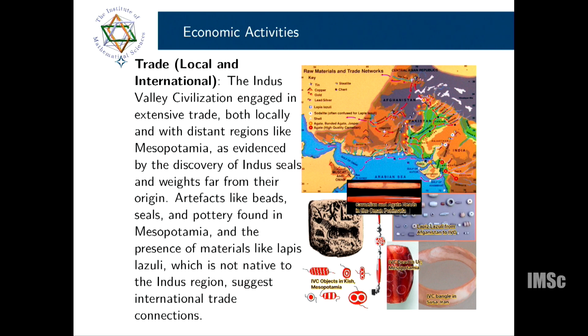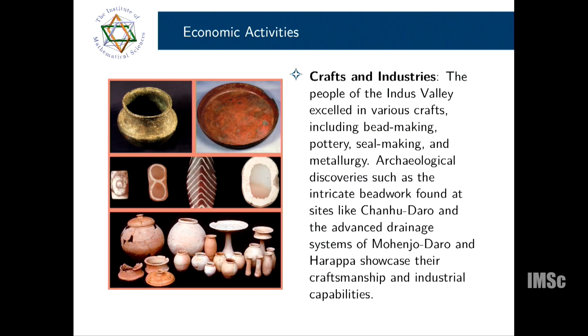A lot of objects have been found in different places, and also lapis lazuli, which is not found at Indus sites and did not originate in the Indus. So it means that some kind of mutual, bidirectional transaction was going on. So we can understand that possibly there were some kind of trade systems, and for sure we can understand that.